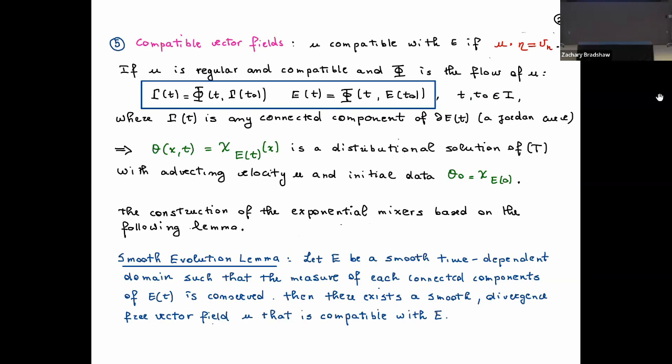And so in all of my constructions, I will simply tell you what the time evolution of E is. I will be guaranteed the existence of the flow. I will have to be careful going through topological changes, but then I will also need to be careful to control the bounds on the norm of the vector field U.